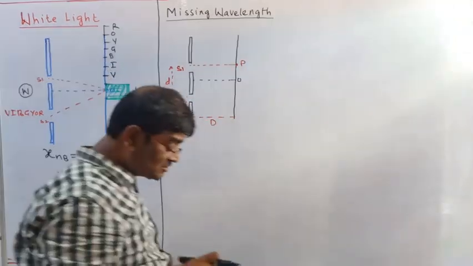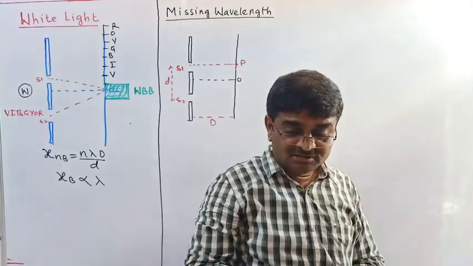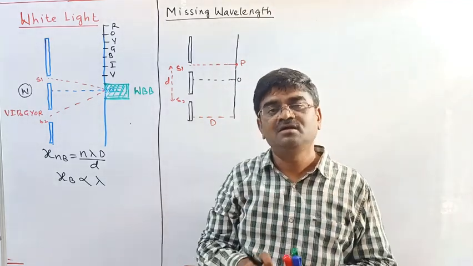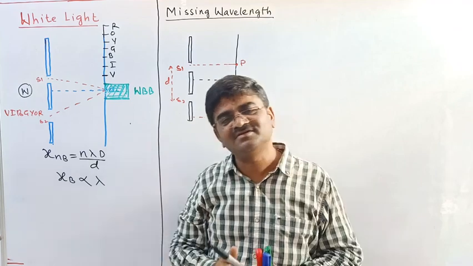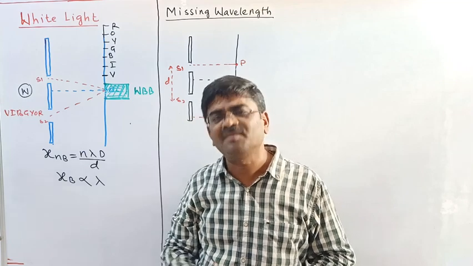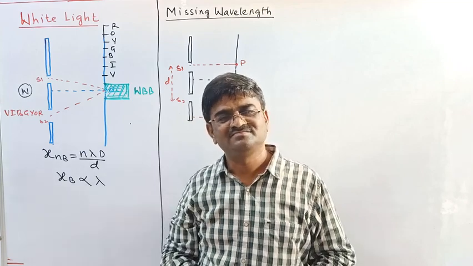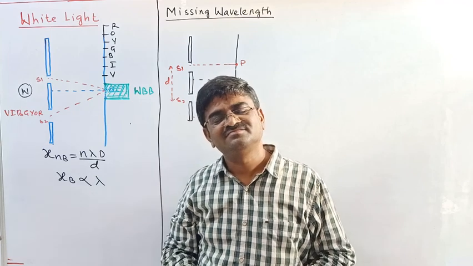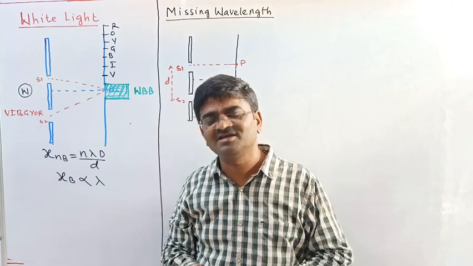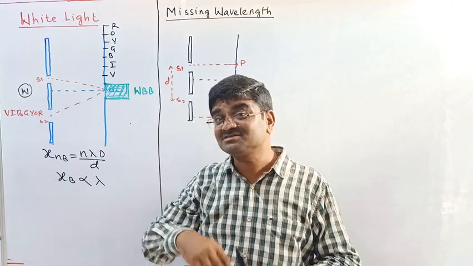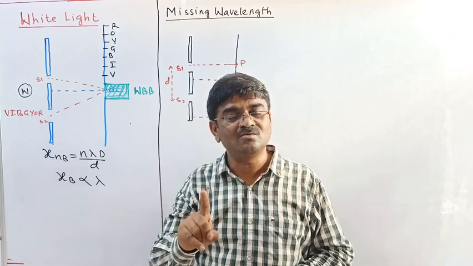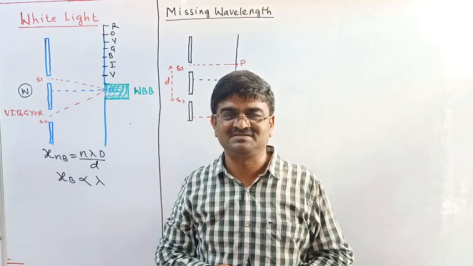Now to go ahead with this concept, missing wavelength or appearing wavelength is going to be decided by path difference. If the path difference is an integral multiple of lambda, that wavelength is appearing there. If the path difference is an odd integral multiple of lambda by 2, that wavelength is missing there. So again the discussion comes to path difference, and I should know the path difference first.